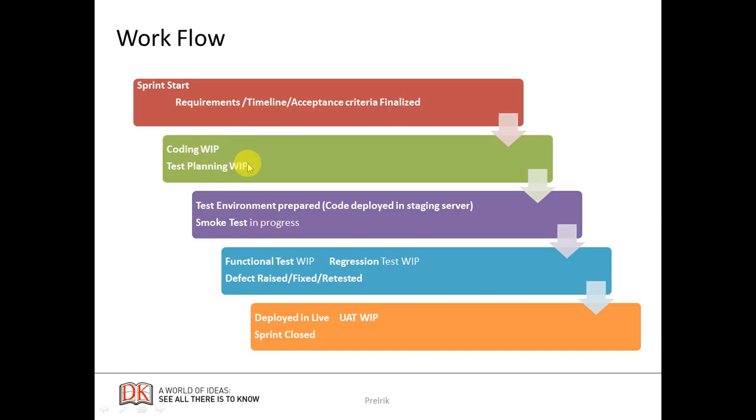Code is in WIP, test planning is in WIP. While coding is in WIP, the test team plans their work and sets up the test environment, and at the same time the tester performs smoke testing in progress, functional testing WIP, regression testing WIP, and if there is any defect, it will be raised and fixed, and then deployed into live.